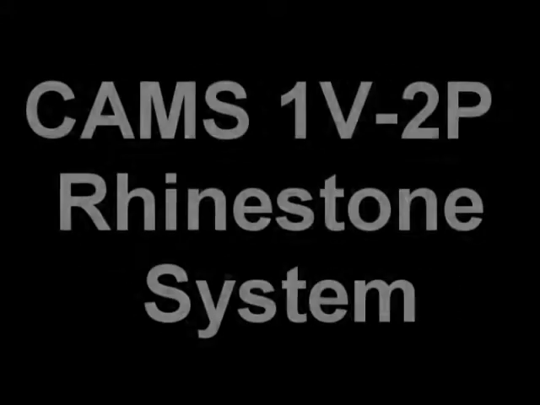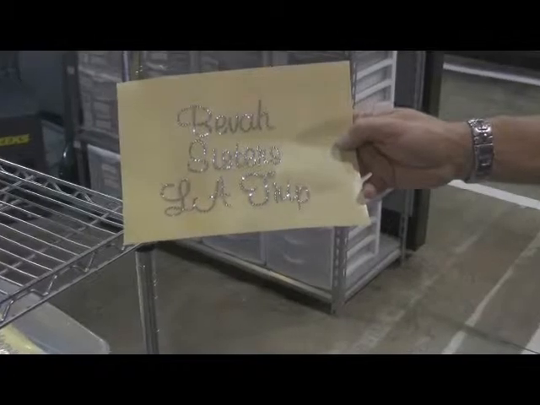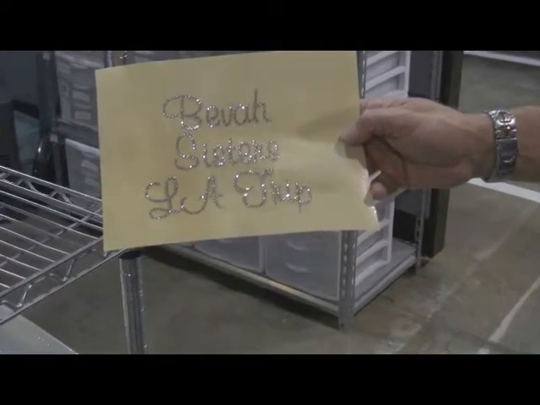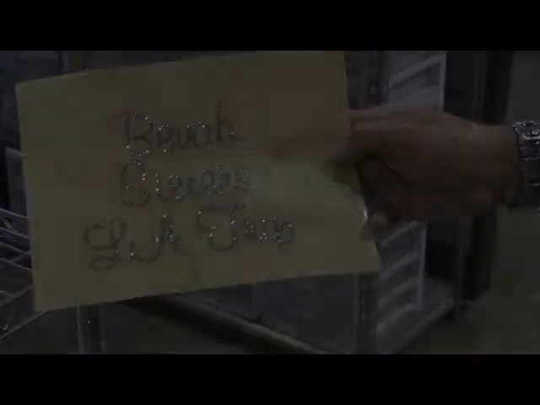Intro to equipment. The CAM's Rhinestone machine is used to apply rhinestone letters and designs to adhesive backing paper, which will later be heat pressed onto an item.